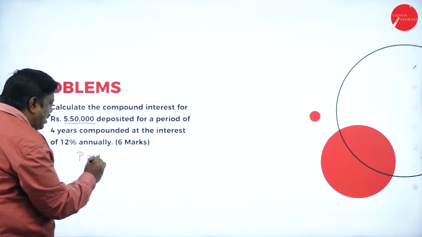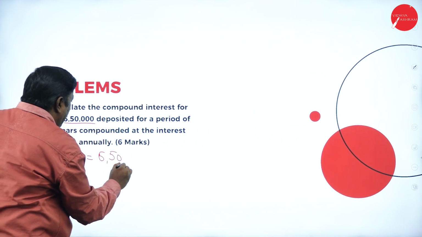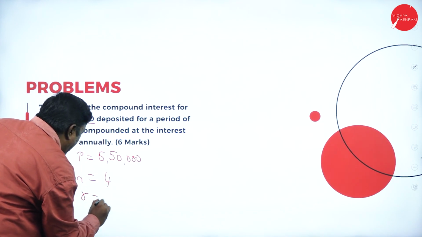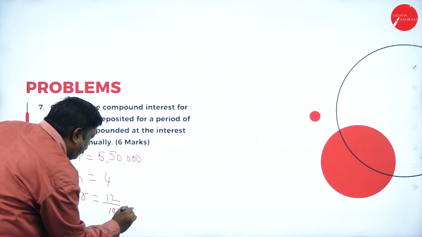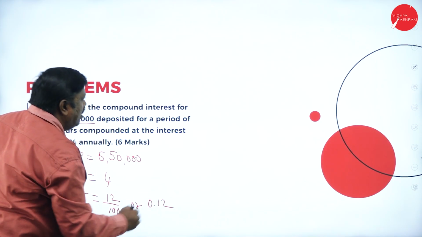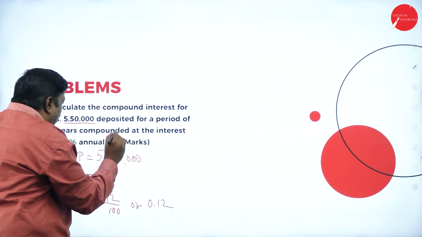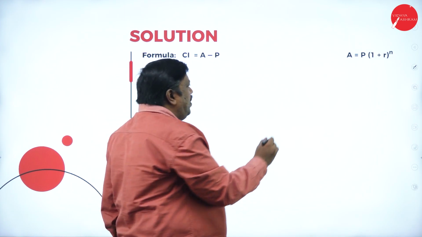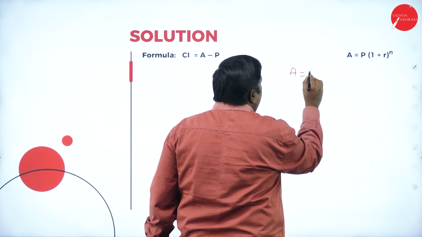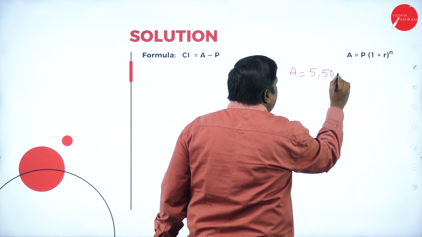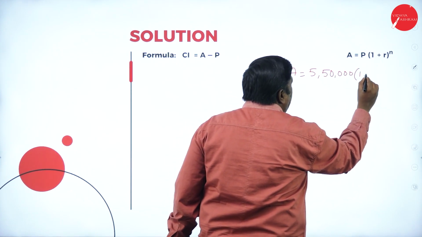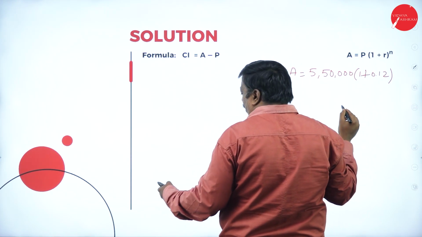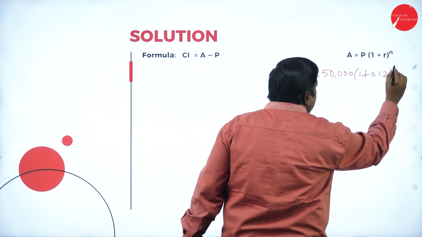The principal amount is 5,50,000 and N will be 4 years and R will be 12 by 100 or 0.12. The amount we invested here is 5,50,000. So now the annuity value for 5,50,000: annuity is equal to 5,50,000 into 1 plus 0.12 to the power of how many years? 4 years.